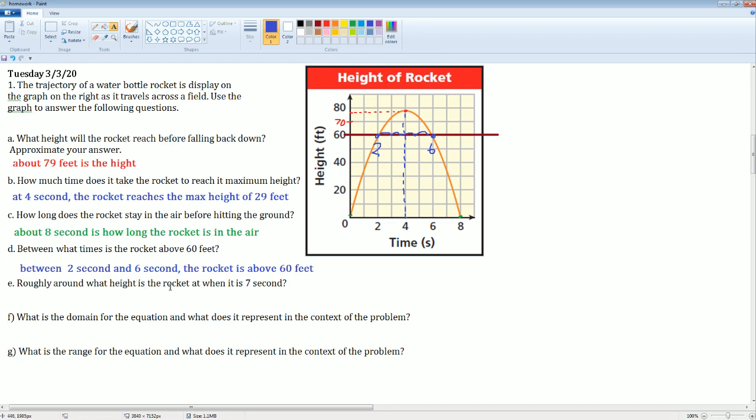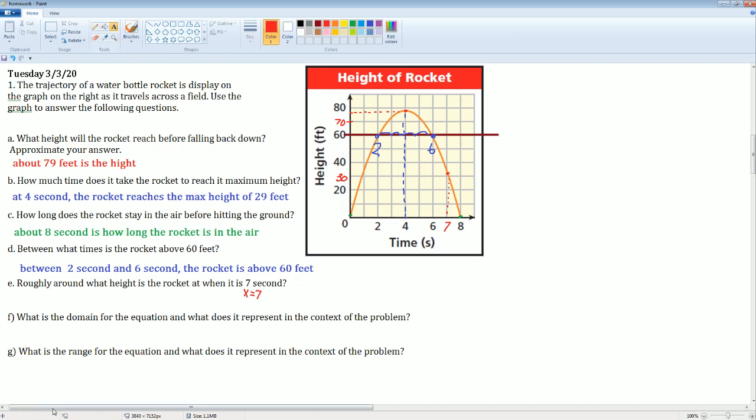Roughly around what height is the rocket at when it is 7 seconds? So here we want to look at its time. So 7 seconds is referred to here. X is equal to 7. This is where x equals 7. We go up to see where it is, and it seems like it hits right there. I know this is 30, so this is a little bit above 30.